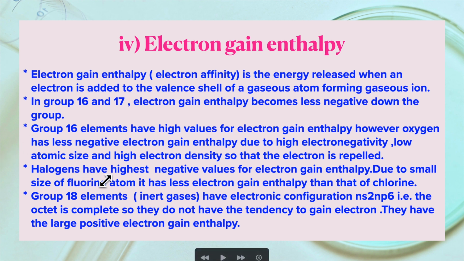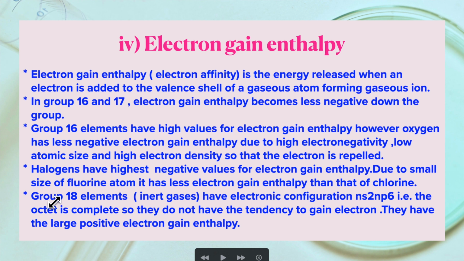Now halogens have the highest negative values for electron gain enthalpy because halogens have the most tendency to gain electrons, and therefore due to the small atomic size, when the electron is added, the energy released is the most, and so the negative values for electron gain enthalpy are highest for the halogens.